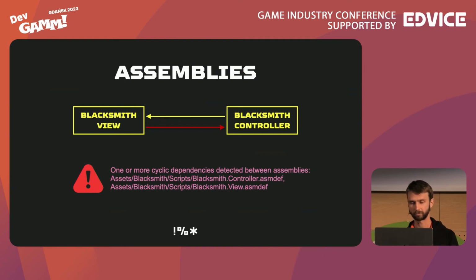We are forced to fix it because our game just won't compile. So this is great, especially in bigger projects where you have a team of some experienced and inexperienced game developers. They are strictly bound to not introduce some bad patterns to your code.